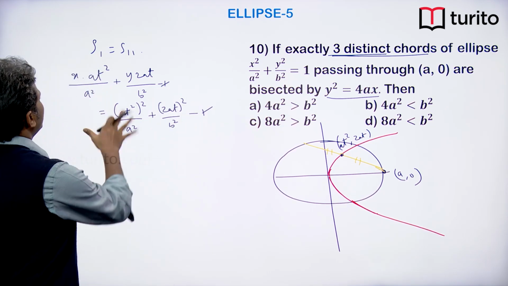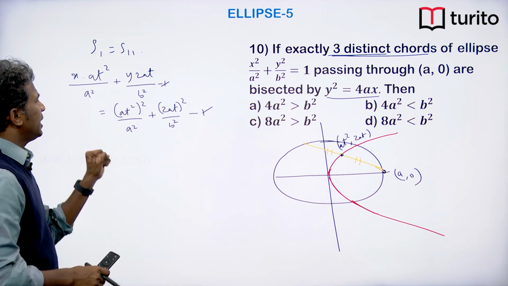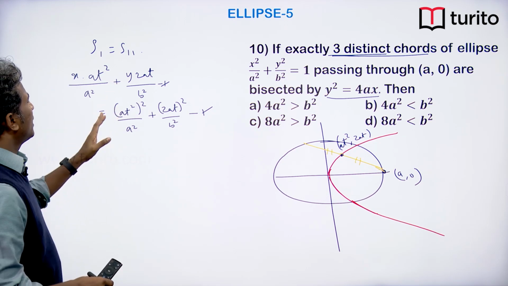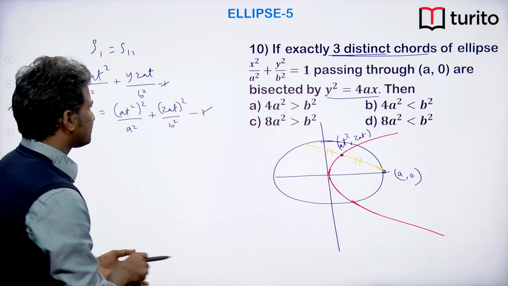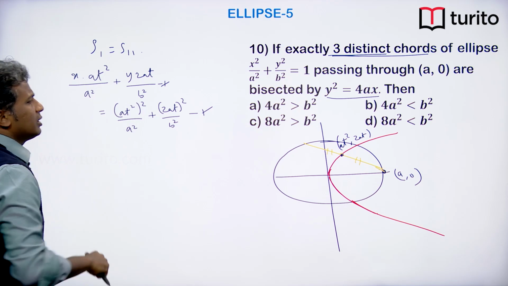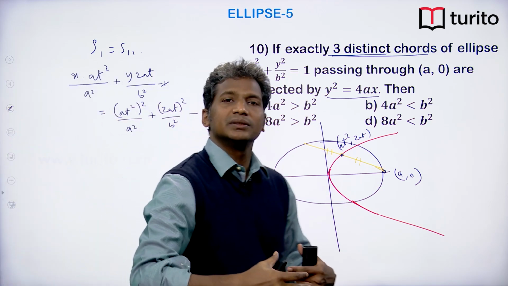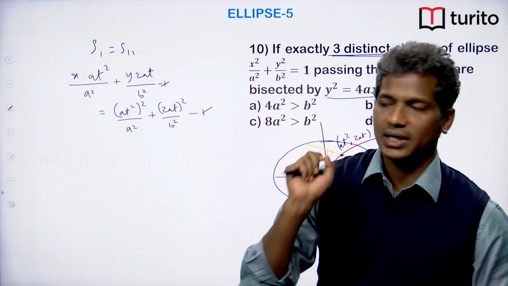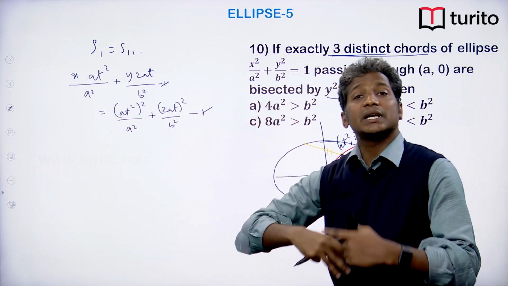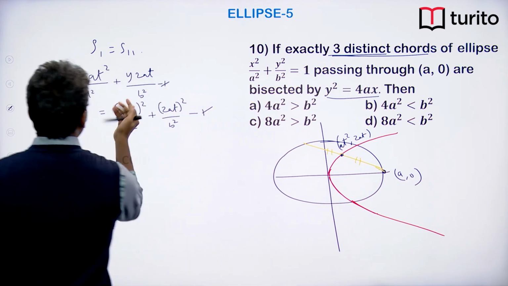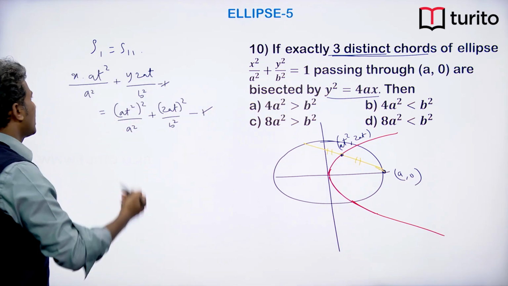So, now when I simplify this, I get an equation in terms of x and y and t. Now, how to proceed later? This chord must be passing through the one end of the major axis. That means, when I put (a, 0) in this chord, it must satisfy. So, let me just put (a, 0) and analyze what happens.